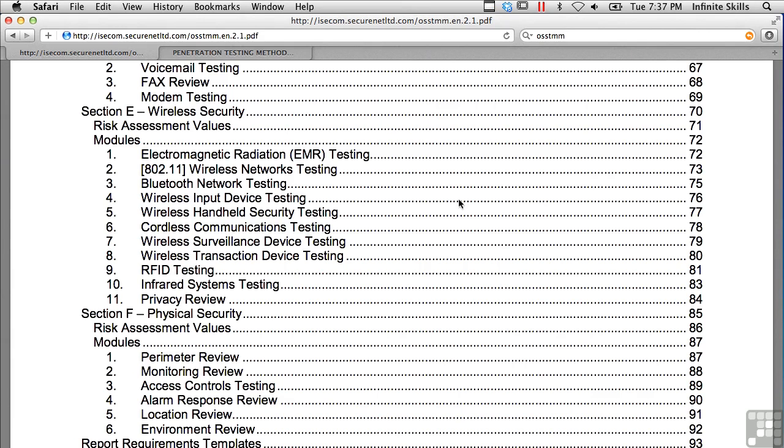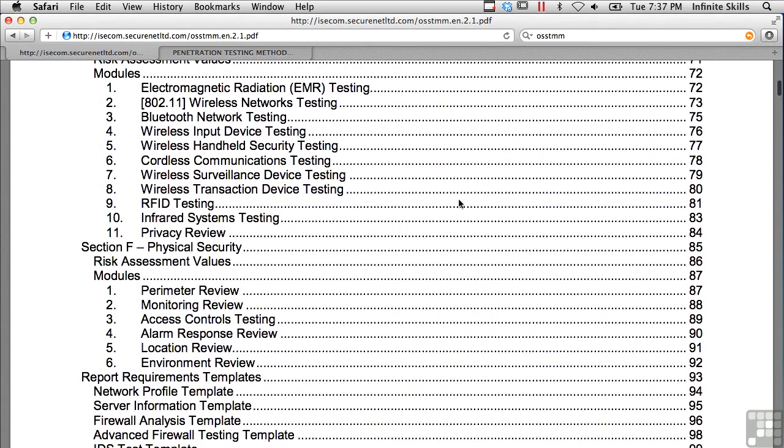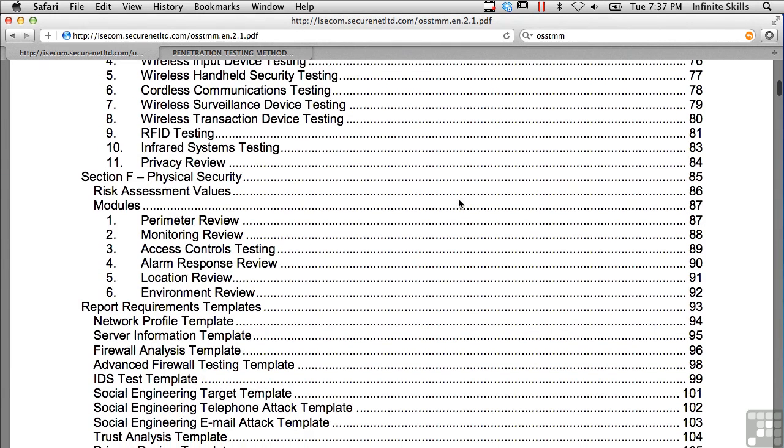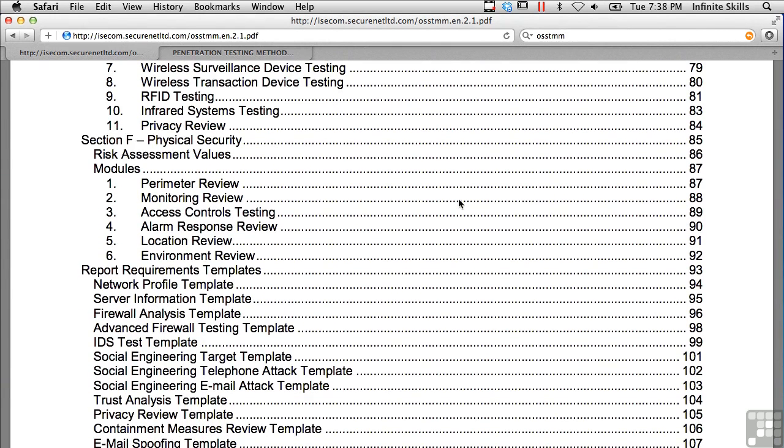There's also physical security, which is definitely worthwhile to look at, although it may or may not be something that you would get into as an ethical hacker. Physical security is really important. It involves not only the perimeter, with things like fencing and guardhouses and those sorts of physical security measures, but there's monitoring, and there's also inside.